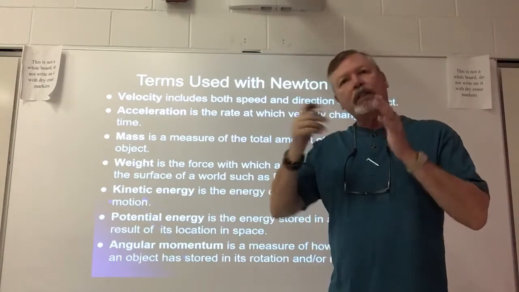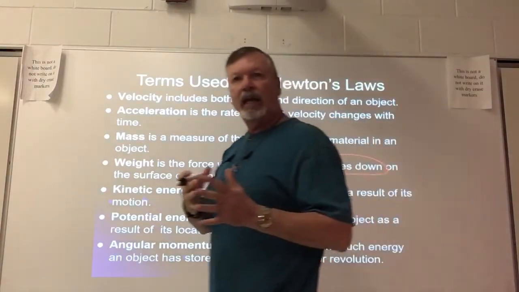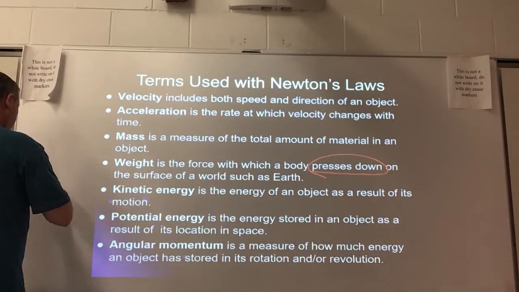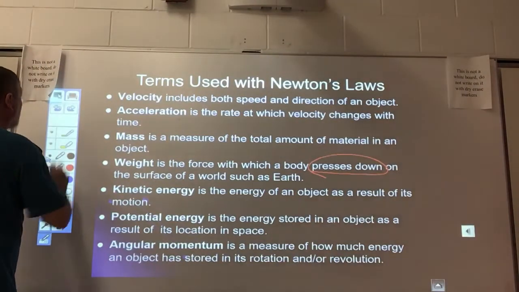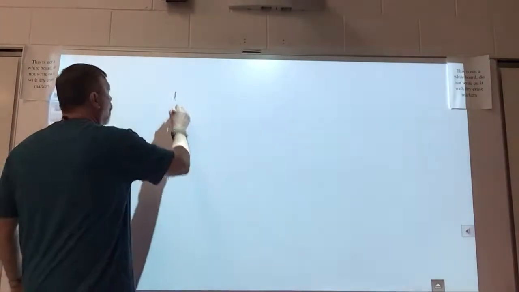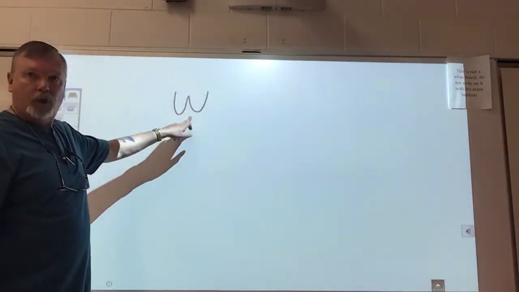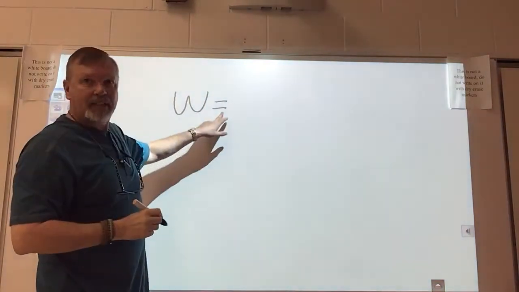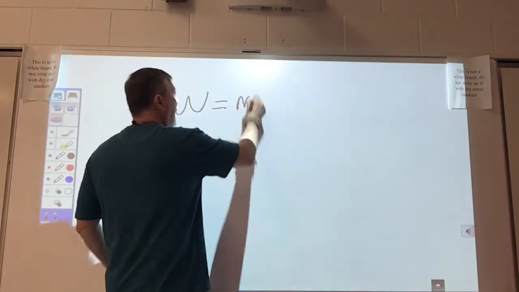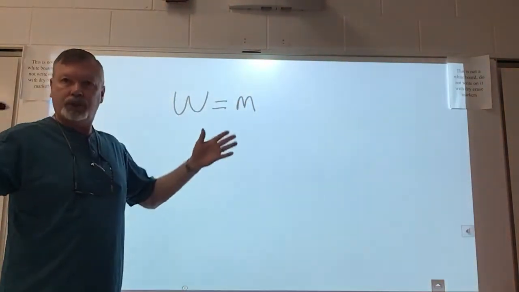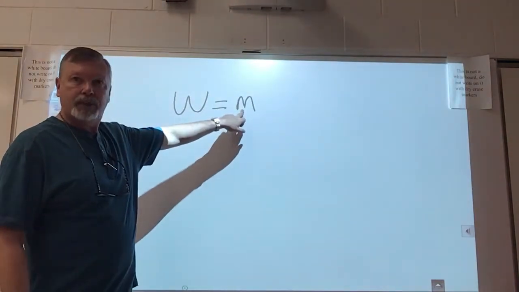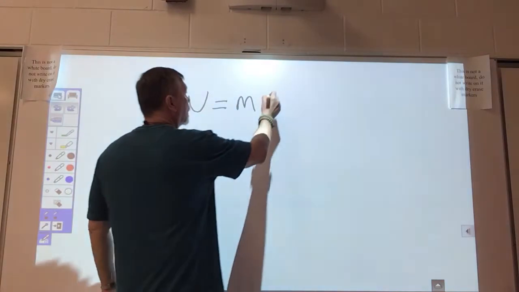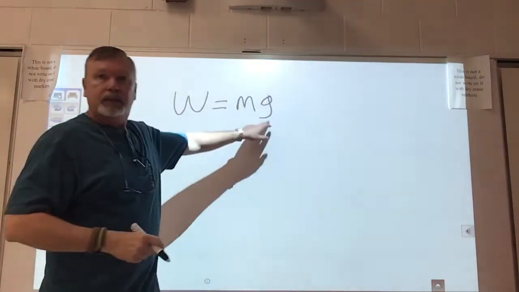Okay? So let's put this together mathematically so you can understand what's going on here. So weight, W, which is a force, is equal to the mass of the object that you're looking at. You, a car, a chair, doesn't matter. Whatever mass of the object you're looking at, times this concept little g.